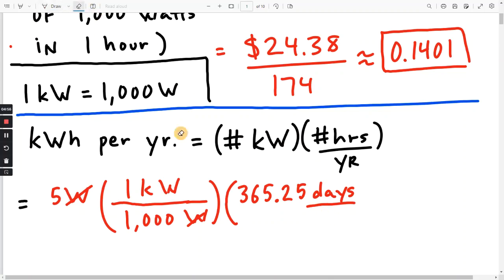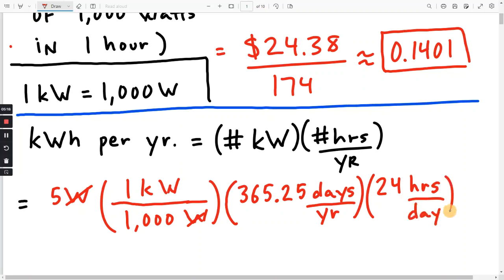It's just one over the other, days per year. And we have 24 hours in a day, so 24 hours per day.